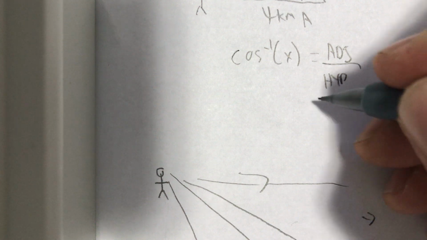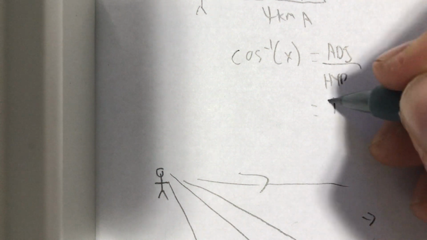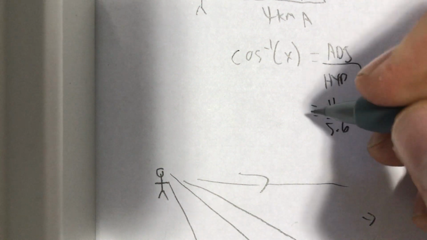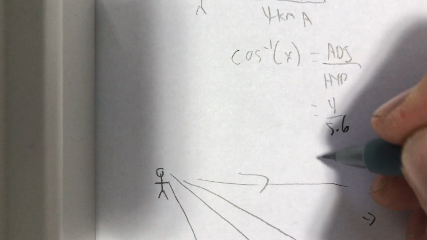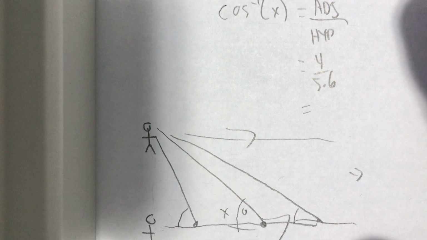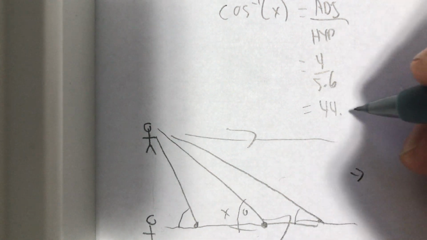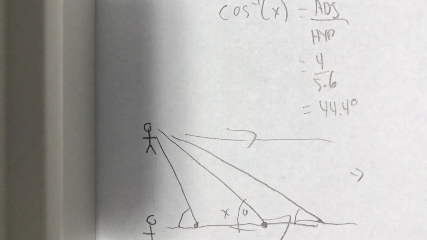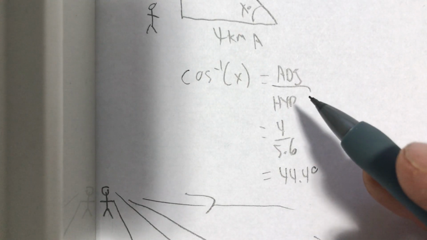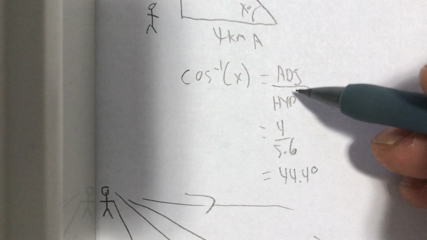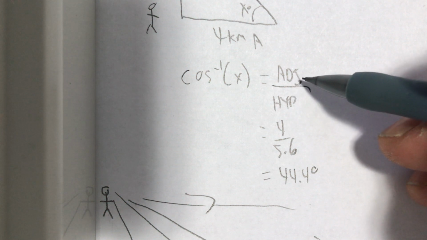If we plug in the numbers, we get 4 divided by 5.6, and we throw that into inverse cosine, and that comes out to an angle of 44.4 degrees.